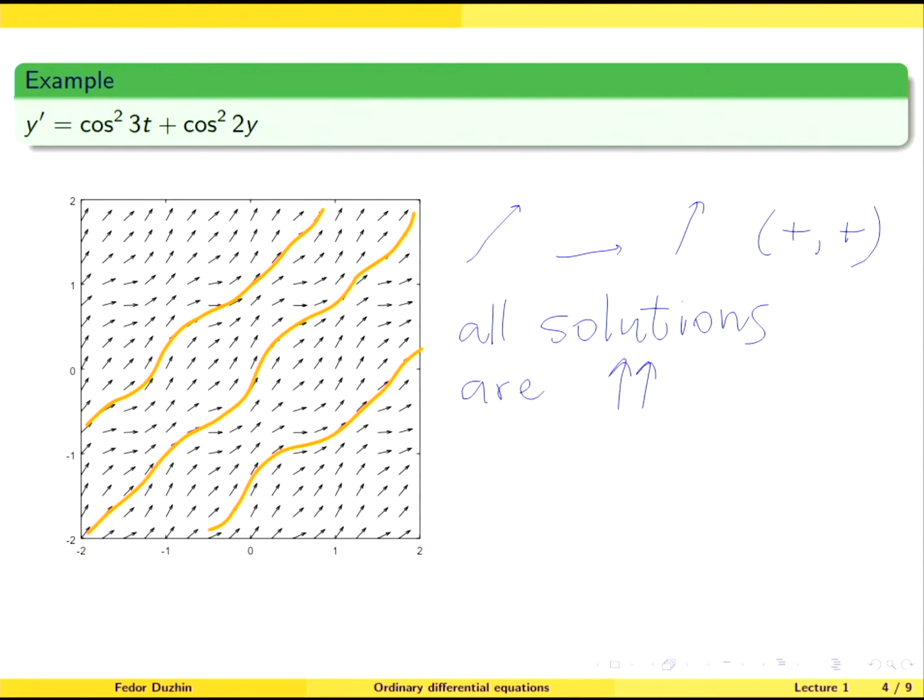Well, but notice that you can also tell it from the original differential equation, because the right-hand side is the sum of two squares, and a square is of course always non-negative, so the right-hand side is non-negative. But if y prime is non-negative, then y itself is an increasing function.